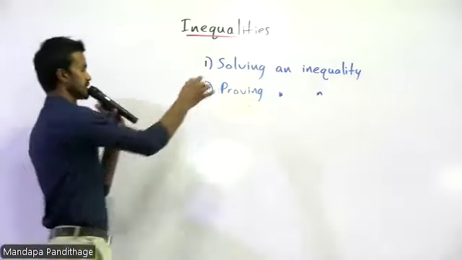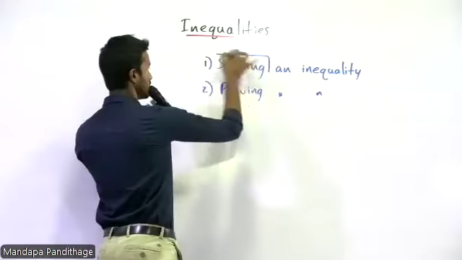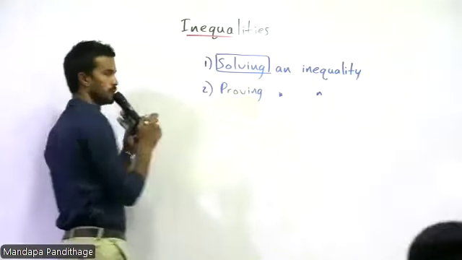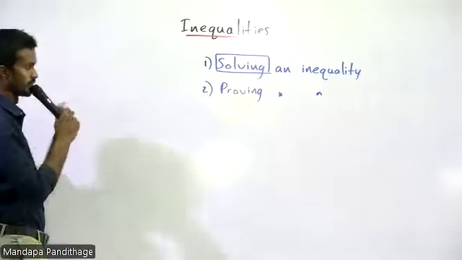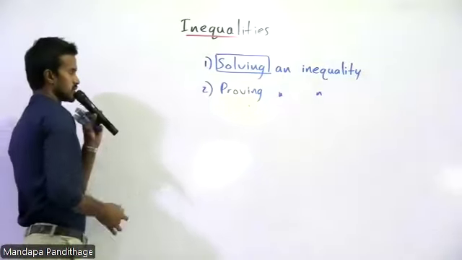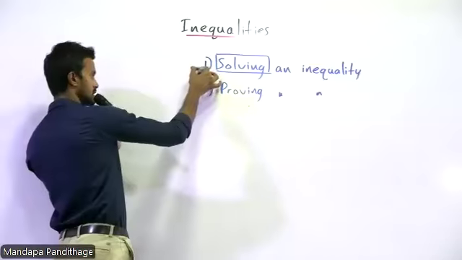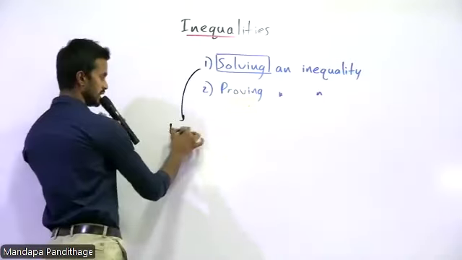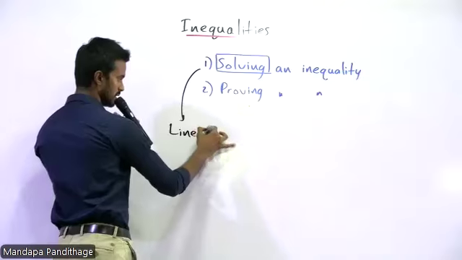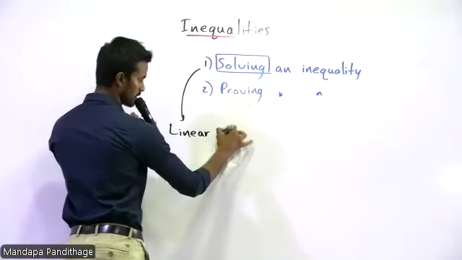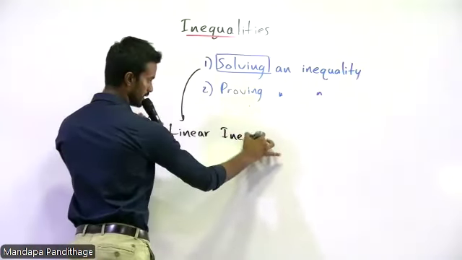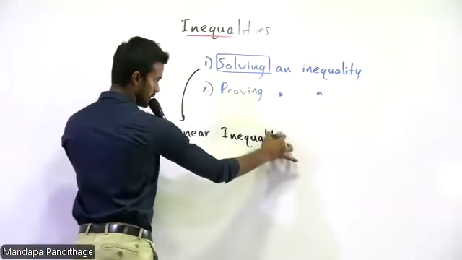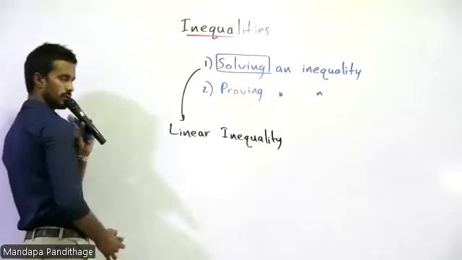And we started the solving part of an inequality, and under the solving part, if you can remember, we'll be discussing it in two ways. The first way is how to solve a linear inequality, which is really easy. So I'll remind you how to do it.